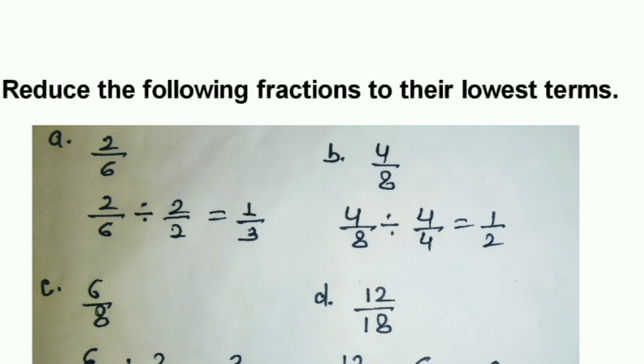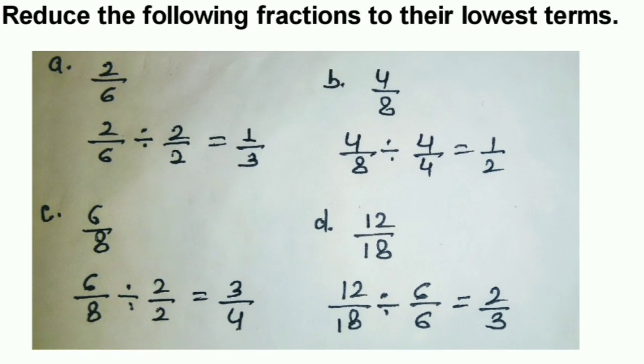Question number 2. In this one, reduce the following fractions to their lowest term. Okay, so reduce means we have to convert into the lowest term form. See, 2 upon 6, we know that in 2 table, 6 will come and 2 also will come.